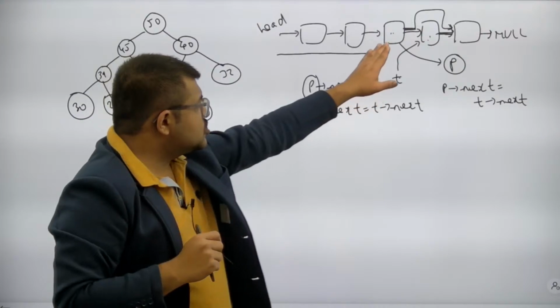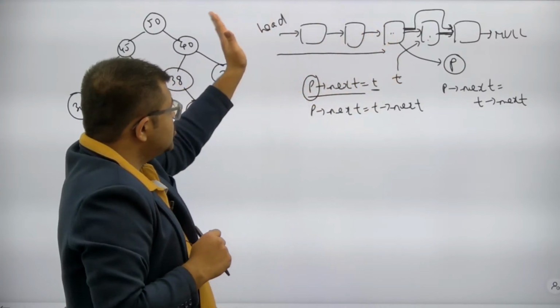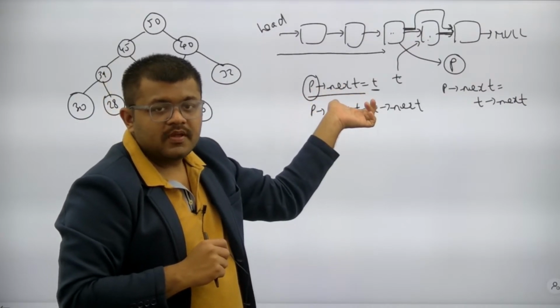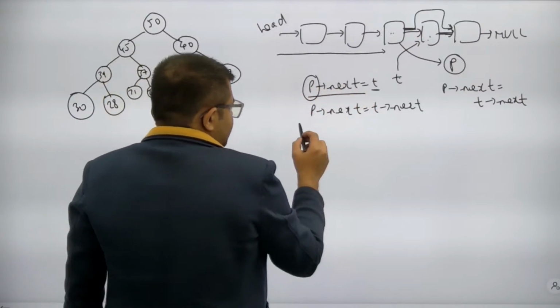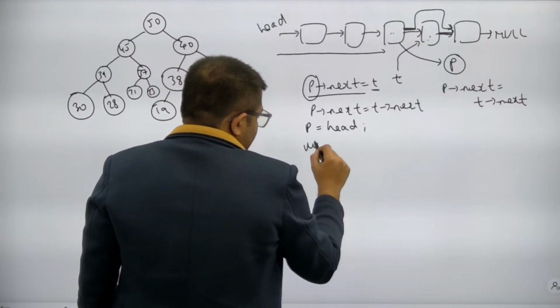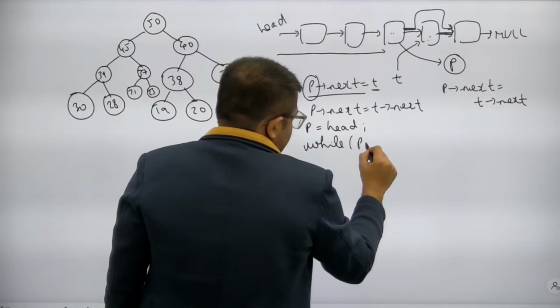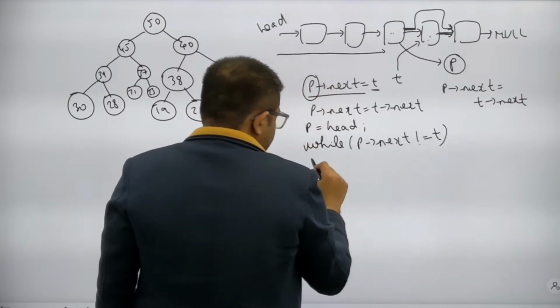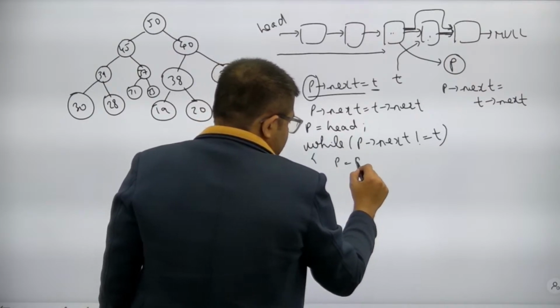So you need to reach the previous node, and how will you reach it? Starting from the head node, you keep traversing until this condition is true. Basically you say P is equals to head node, and while P next is not equal to T, P is equals to P next.